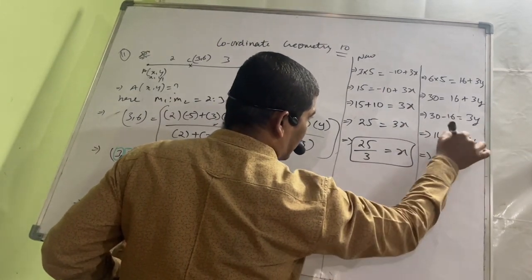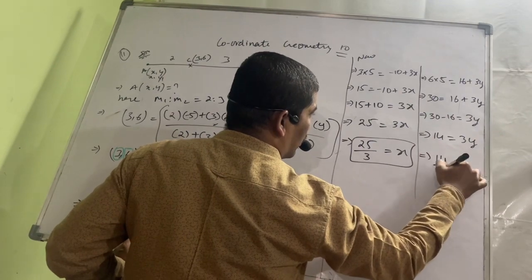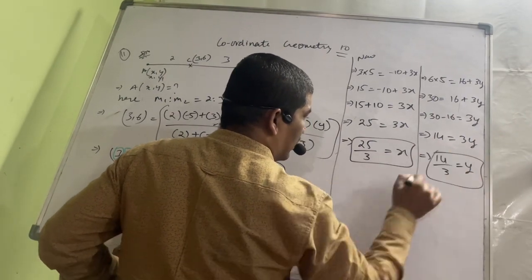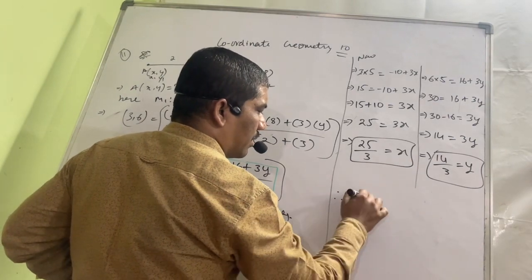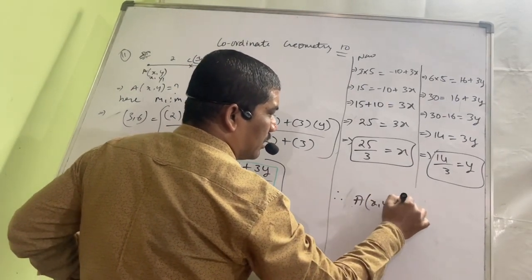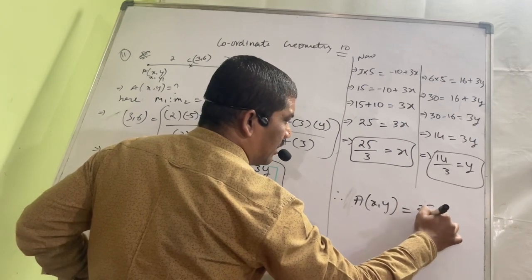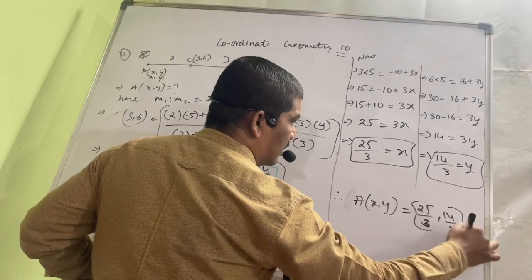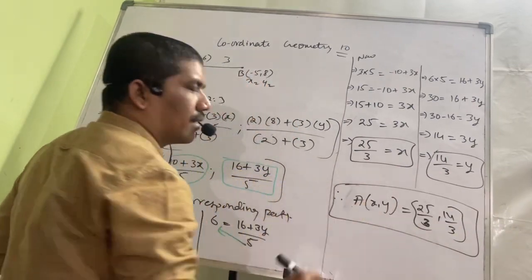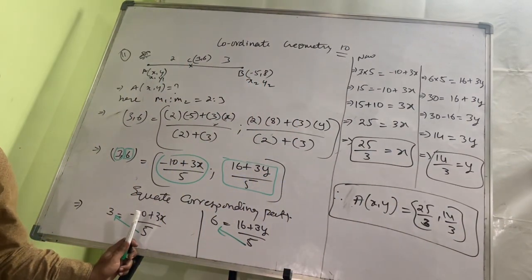I need only y, so 3 I am sending here. 14 by 3 is equal to y. So therefore, A, x comma y, is equal to 25 by 3 comma 14 by 3. Is it clear? Getting the idea here, everyone?